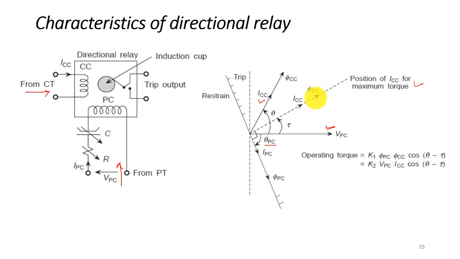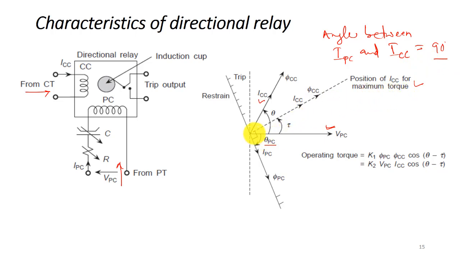From the torque equation, when the current ICC is at 90 degrees with respect to IPC, that is, if the angle between IPC, the current through the pressure coil, the voltage coil, and ICC, the current through the current coil, is equal to 90 degrees, then we get the maximum torque on the disk.